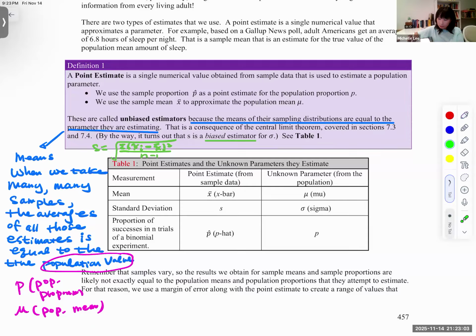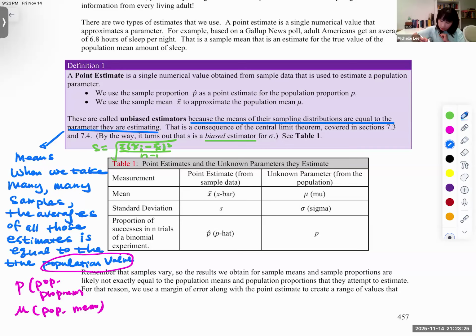Now we have S. S is said to be a biased estimator for sigma. S is the sample standard deviation, right?